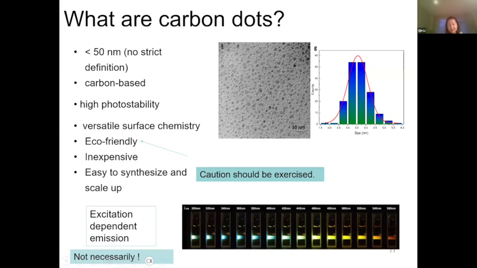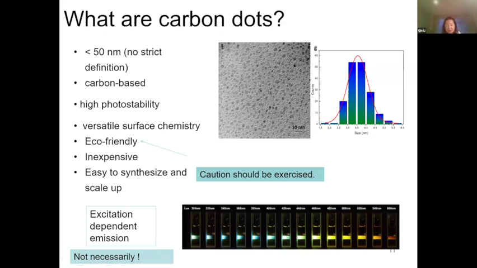And these particles on the screen are derived from seaweed. What is really extraordinary is their optical properties. They have fluorescence, and most of them show excitation-dependent emission. Some of them show independent emission. And they are photostable, more stable than pigment molecules. And because of the carbon chemistry, they have very versatile surface chemistry.